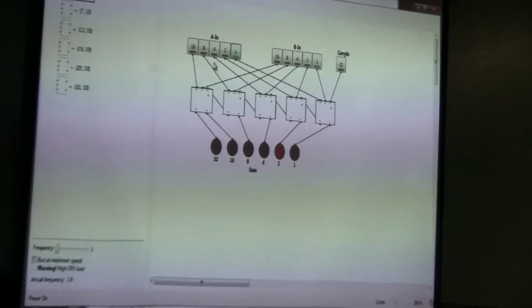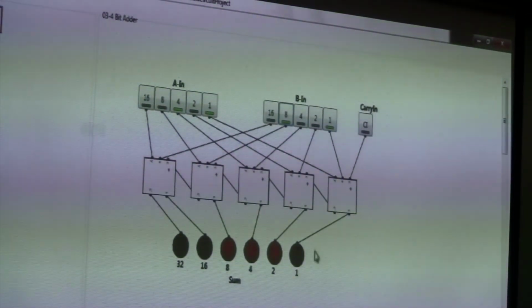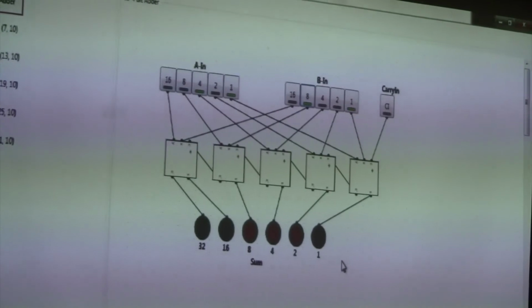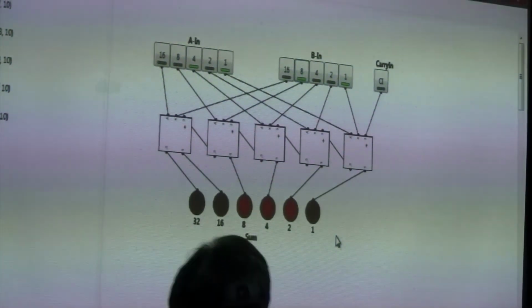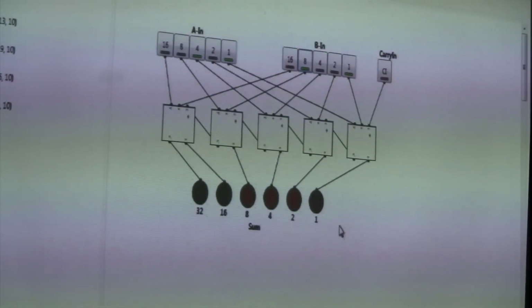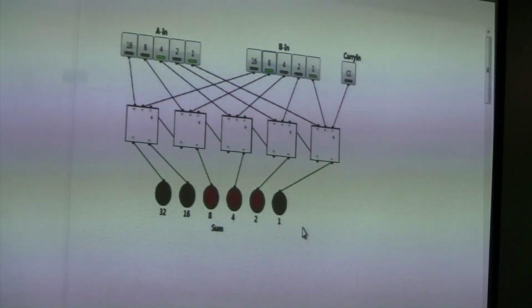If I'm adding, let's say it's 5 plus 9. Let's see, 5 plus 9, we've got 8, 4, and 2 on, right? So that's 14. So math is right.